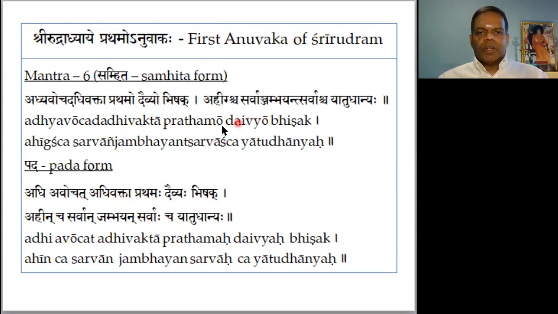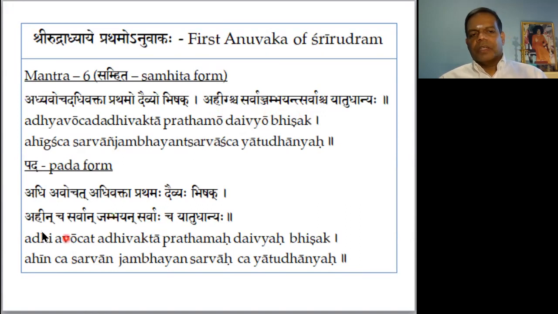Then if you take the next one, as you know, it's a long compound word, samasa. It's multiple words. As you can see, there are five or six words which are combined: ahigscha, sarvanjambhayan, sarvascha.